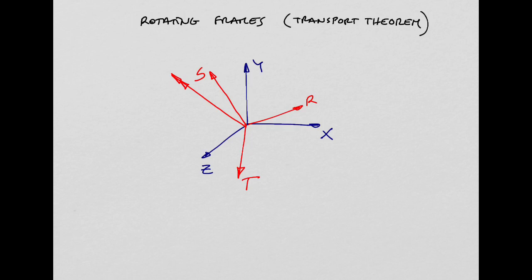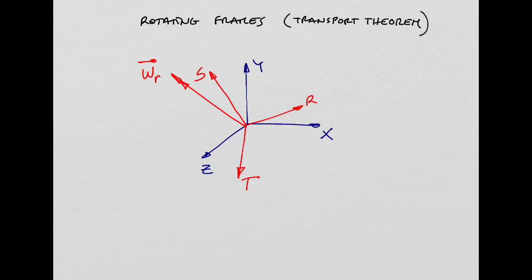Let's call it WR. So this coordinate system in red, this rotating frame, is rotating about this angular velocity vector.